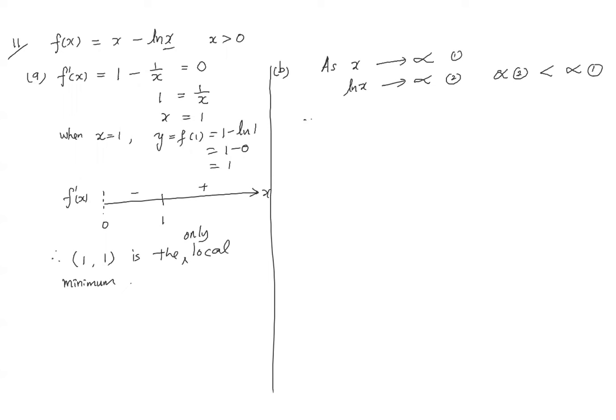So therefore, my f(x) equal to x minus ln x will tend toward infinity, because you will get a positive value. Get me? Hello? Abika, are you okay so far?